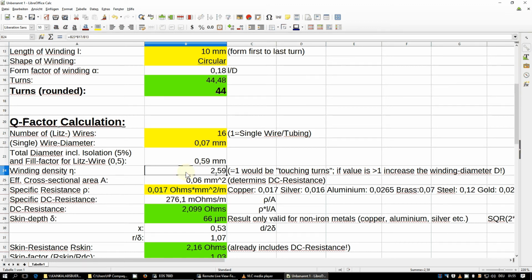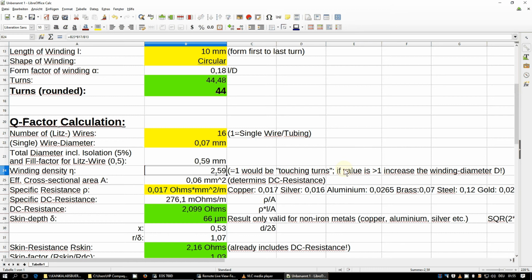For finally getting an impression of the true external proximity effect, we just have to manually change the winding density. Here you can see as an explanation, if we have one, that would be touching turns, which means that there is really one turn next to another. If the value is greater than 1, that cannot be true in reality, because nearer than touching turns is impossible.